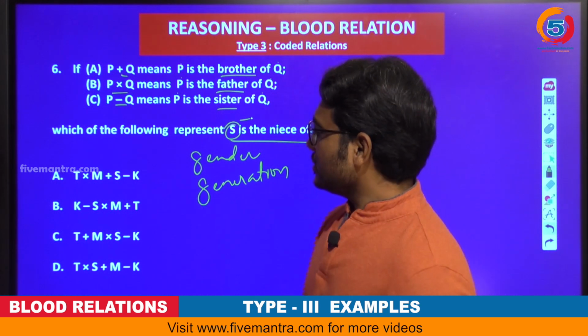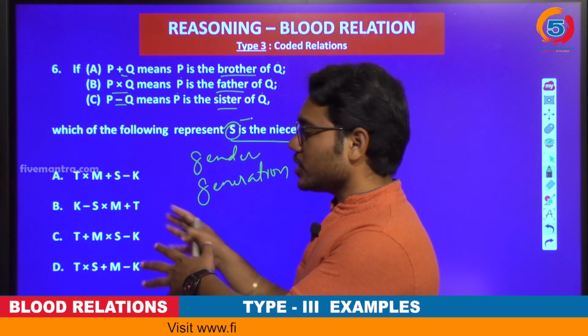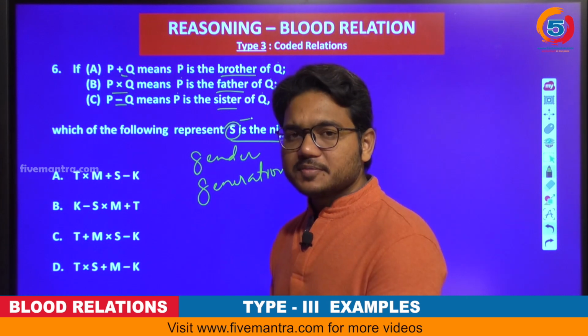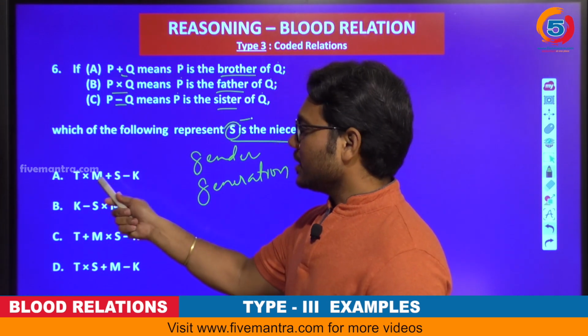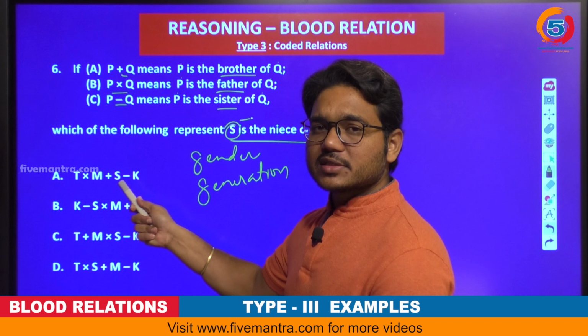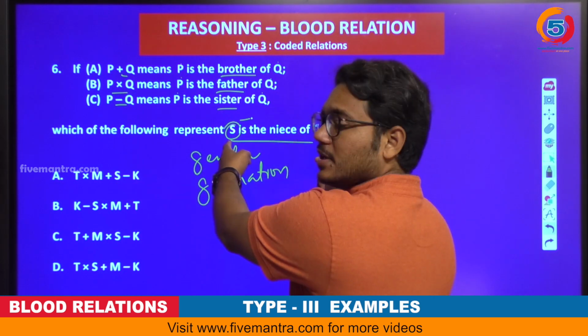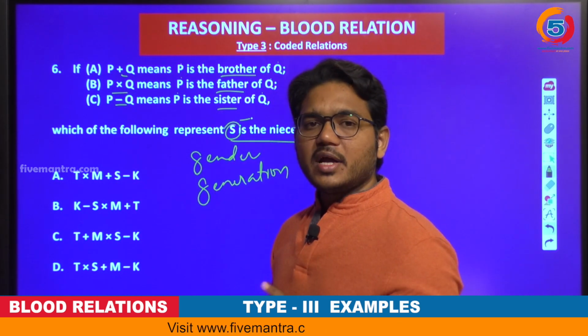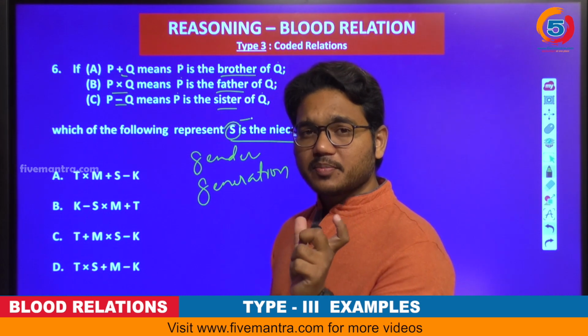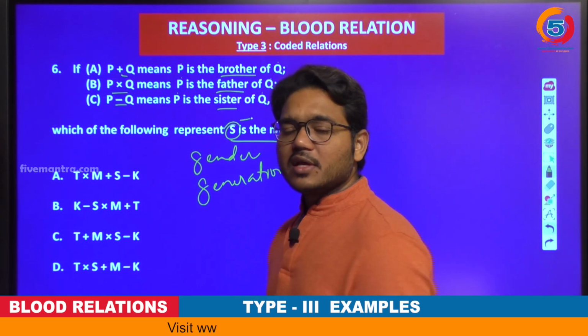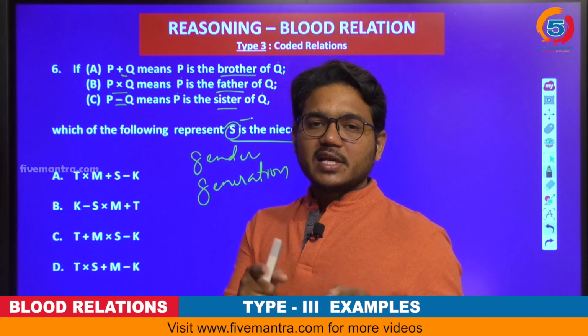The options are not given in a particular order. We need to identify what exactly the relation we require between S and T. Only identify that part of these options where we can identify the relation between S and T.